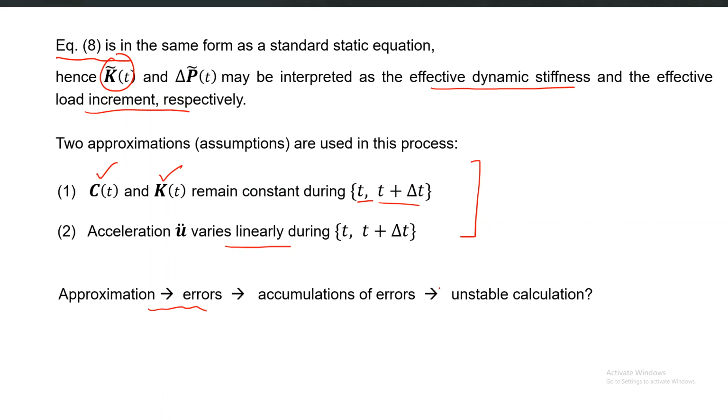Therefore we may end up with a very large accumulation of error at the end of the calculations. So this is a big concern while using step-by-step direct integration methods.